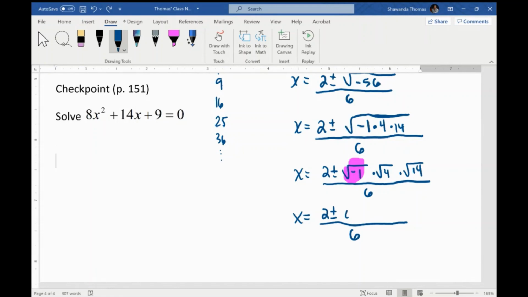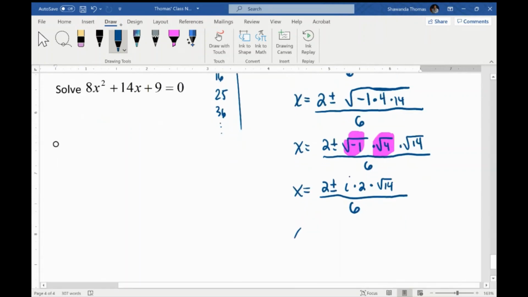Next, what is the square root of 4? 2. Is 14 a perfect square? No, it's not on our little perfect square list we just wrote. So what we have is 2 plus or minus 2i times the square root of 14, over 6.